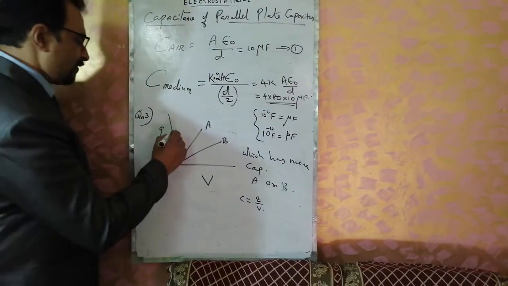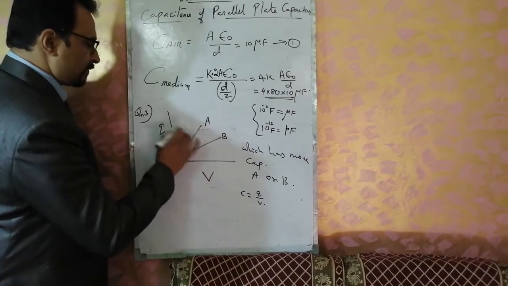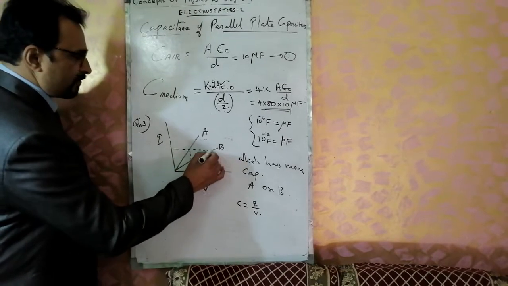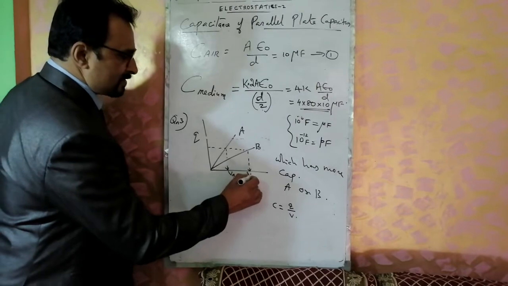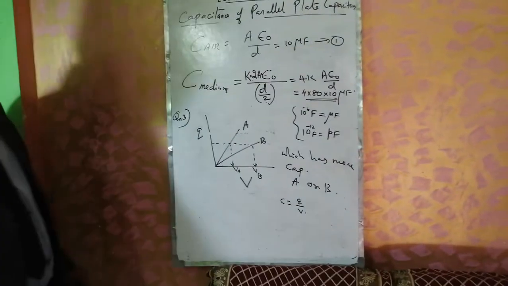For the same value of Q, you check the voltage for A and the voltage for B. This is V for A and this is V for B for same Q. The Q is same.